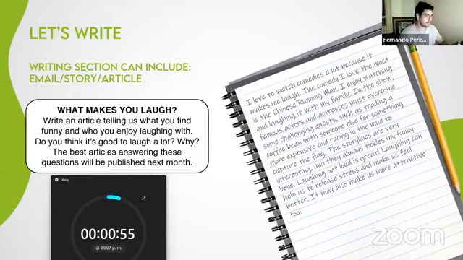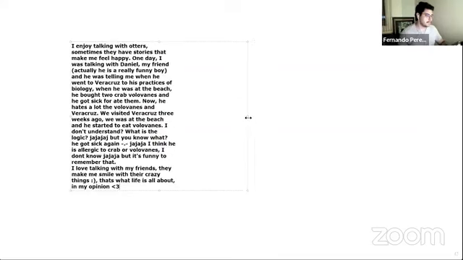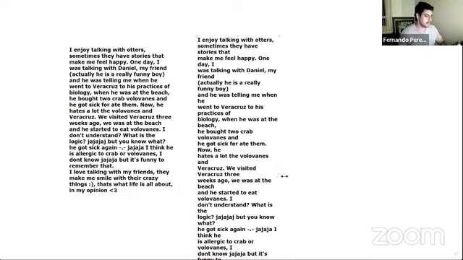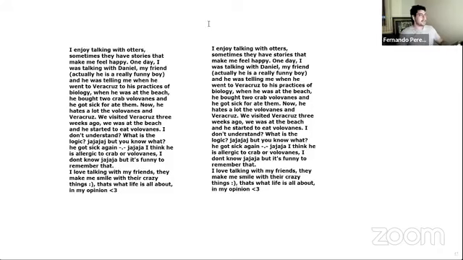We are going to correct the first text that we have here, okay? Time's up. Let's begin with corrections. Okay, I'm going to correct each one of them, and we are going to correct it circling in red, okay?